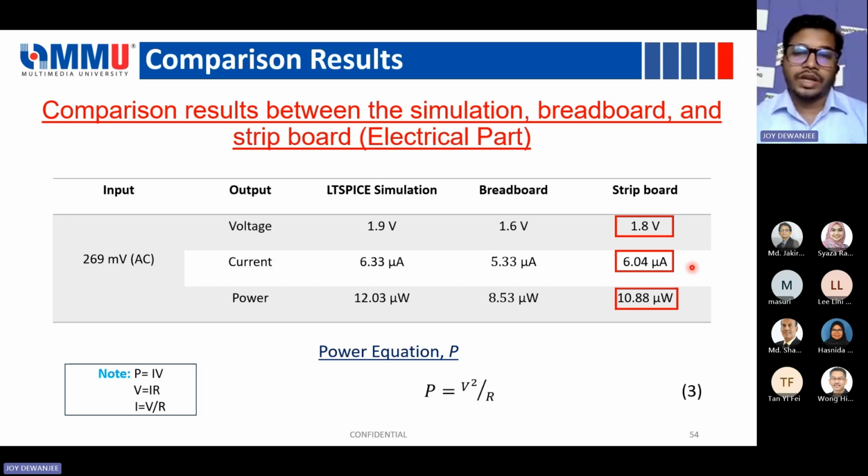And finally, we calculated the power using the equation P equals V squared by R, which was checked against P equals IV. The power in simulation is 12.02 microwatt, in the breadboard it's 8.53 microwatt, and in the stripboard it's 10.88 microwatt.